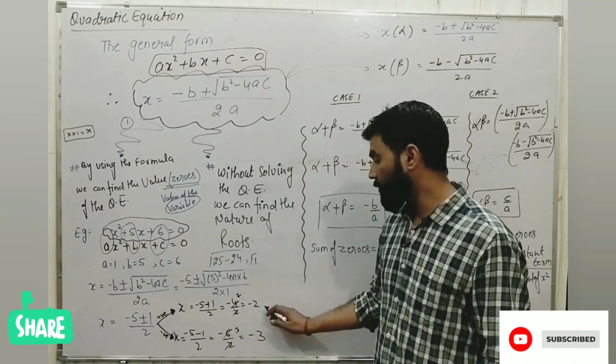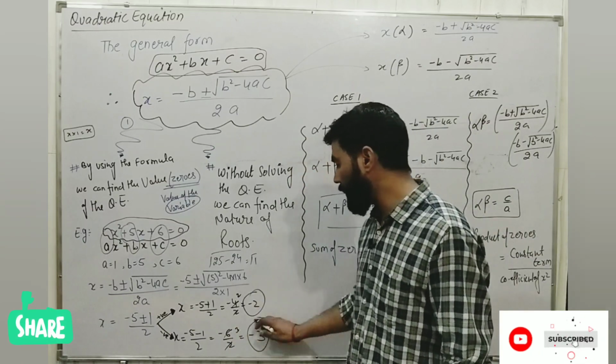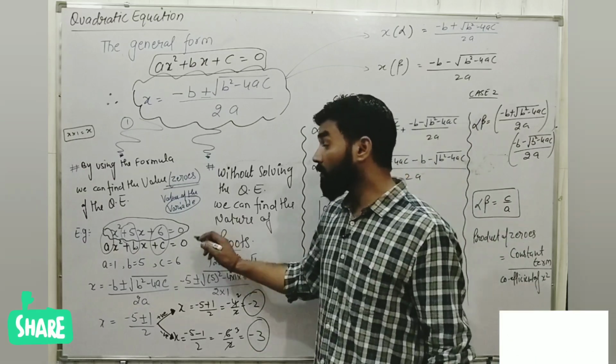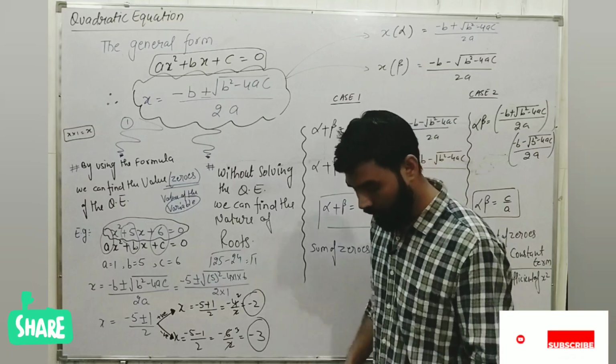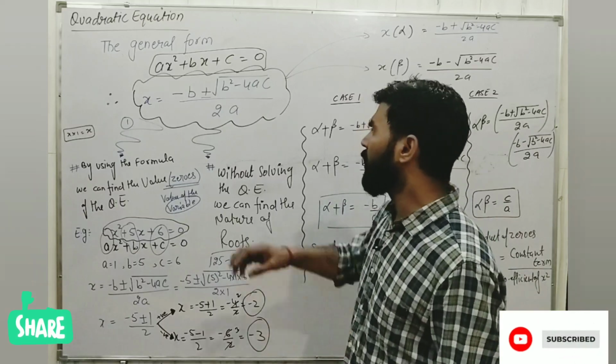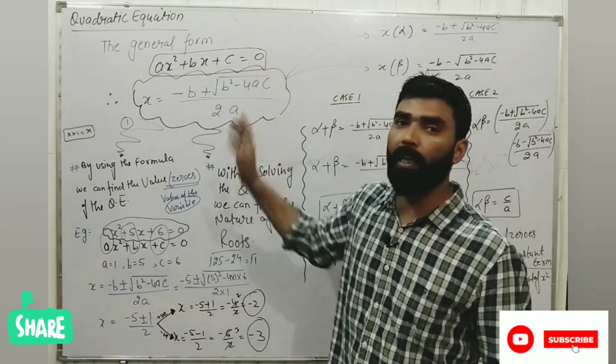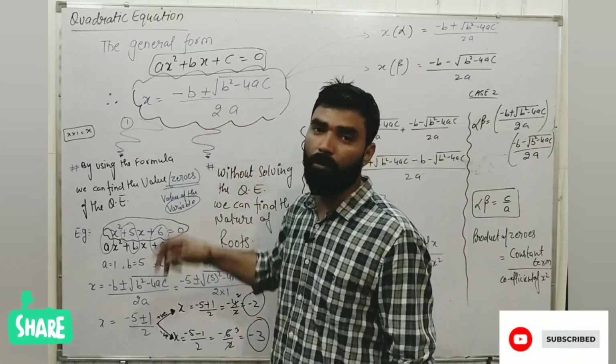So we are getting x is equal to 2 and x is equal to 3. These are the values of the variable, zeros or solutions, whatever you want to call them. This is the first approach. You can solve all quadratic equations in the world with the help of this quadratic formula.